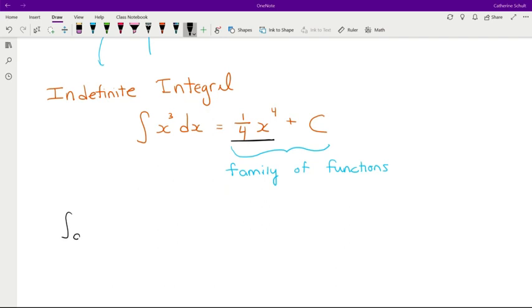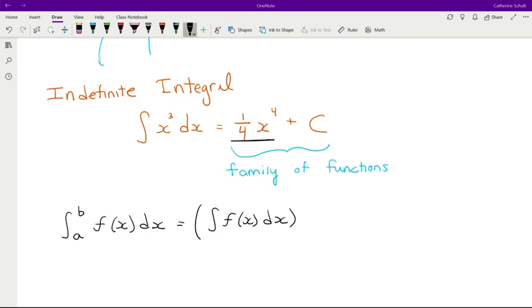So we can write this relationship between the definite integral and the indefinite integral. It's something like this, and that's what we saw before. Again, this indefinite integral right here represents the antiderivative, the family of functions.